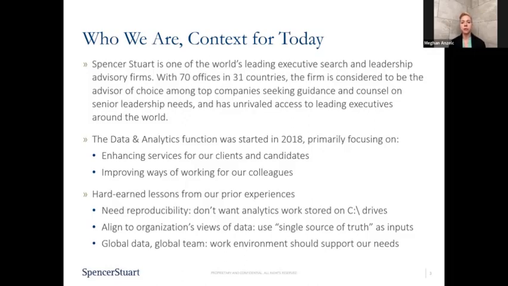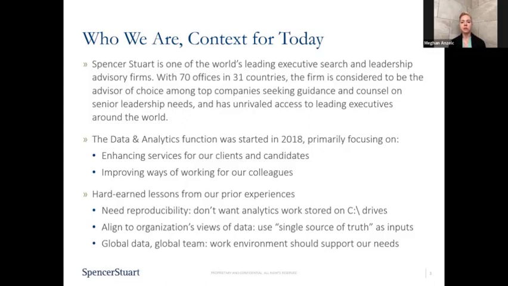Christina and I both have worked on analytics teams at other organizations, and we came to Stuart with what we had learned previously. This helped to shape a lot of what we saw as must-haves for an analytics computing environment. We knew we wanted to have a central place to store data and do our analytics work where code could be shared across the team.